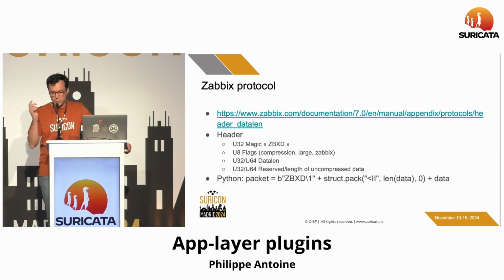Then there is a byte for bit flags to say if there will be a compression, a large PDU, or just if it's Zabbix protocol, and then the data length of the PDU with some field which is reserved, or the length of the uncompressed data, and then the data.